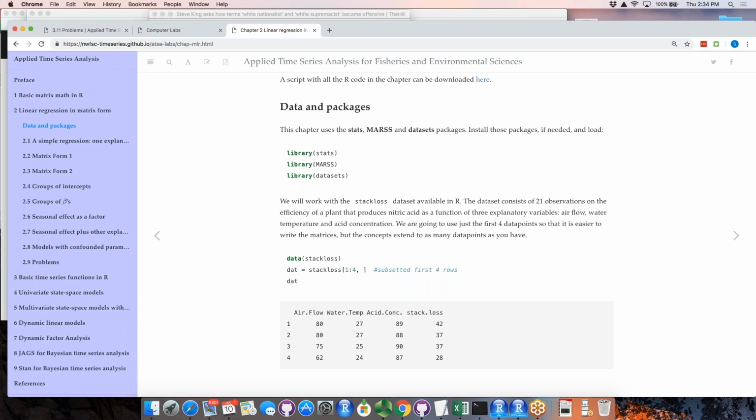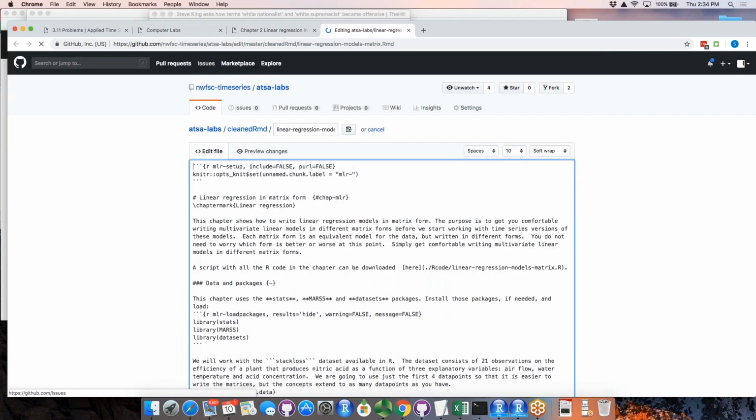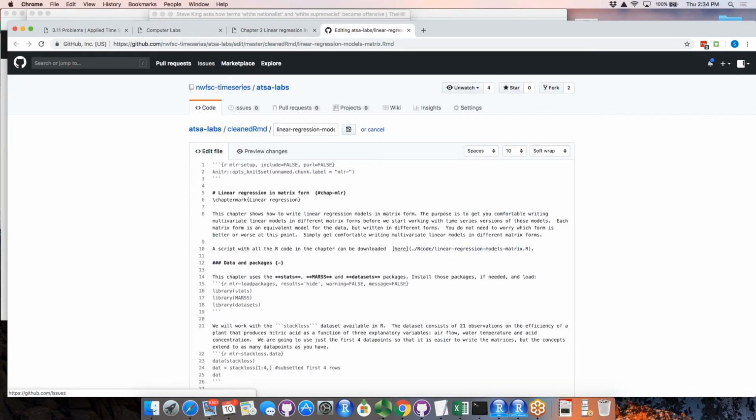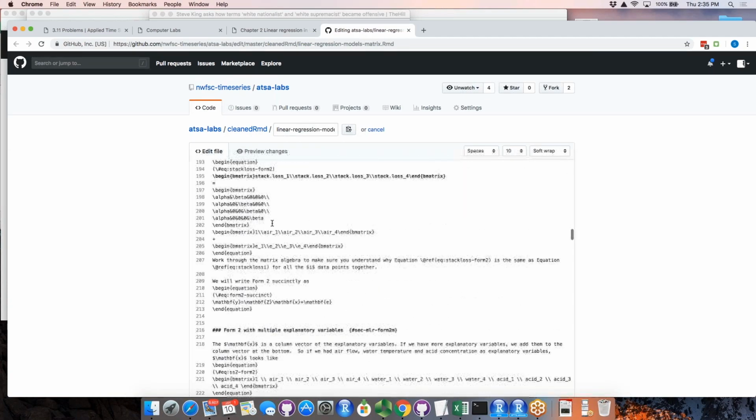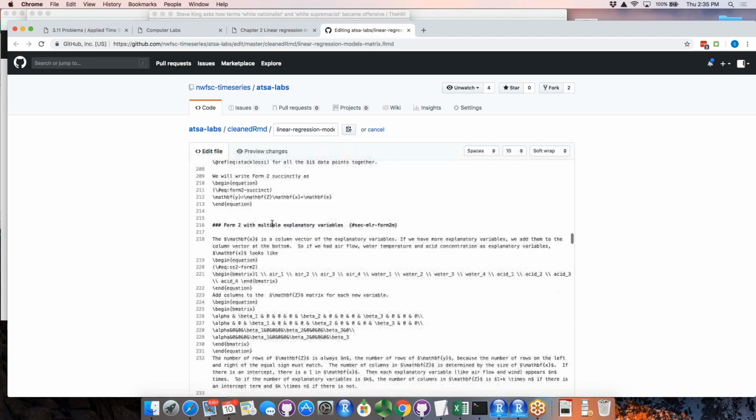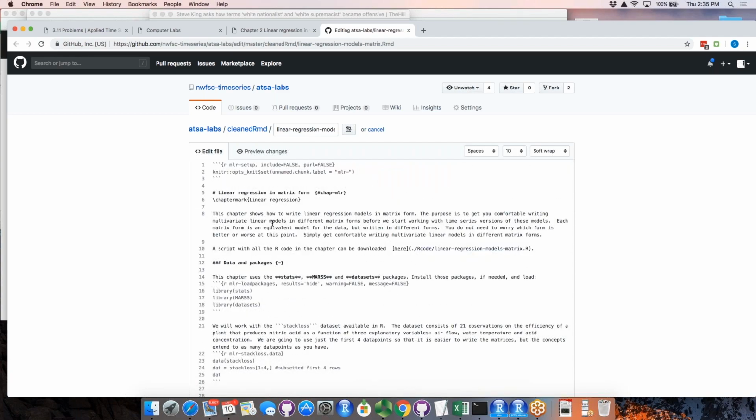To run this code, you can either copy and paste this right into your console, or if you go up here, okay, so if you're on that page and you go right here, it's going to take you right to the R Markdown file for this chapter. And then you can go ahead and, can you just download that? You can definitely copy and paste the whole thing and then just run all that code.